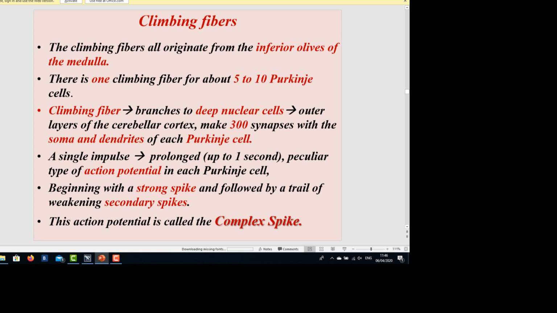A single impulse, prolonged up to 1 second, produces a peculiar type of action potential in each Purkinje cell, beginning with a strong spike and followed by a trail of weakening secondary spikes. This action potential is called the complex spike.